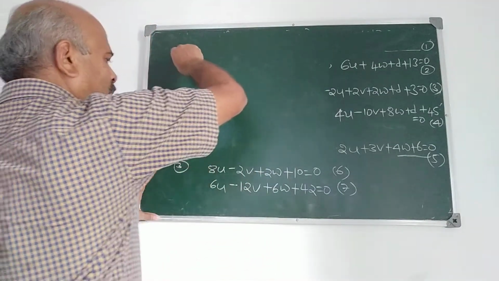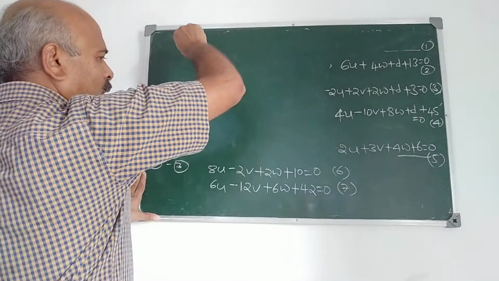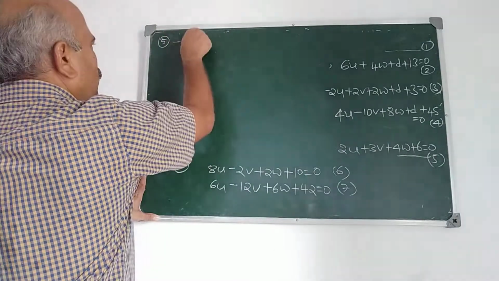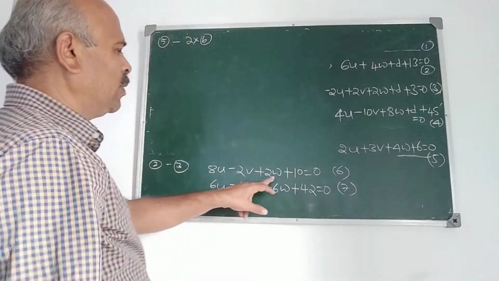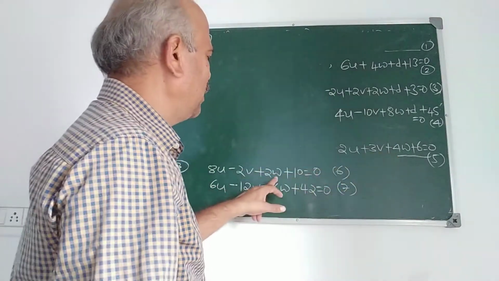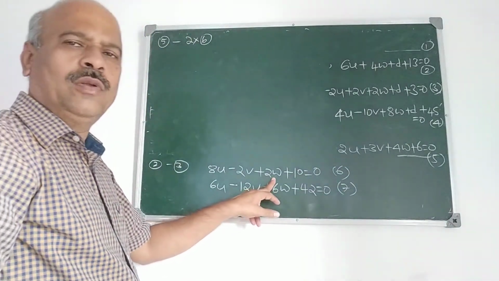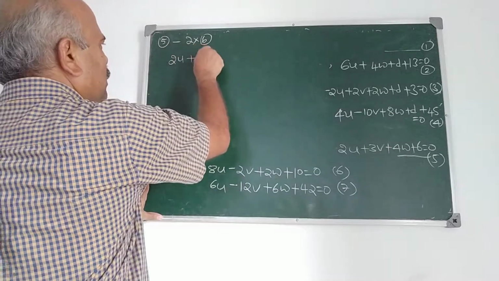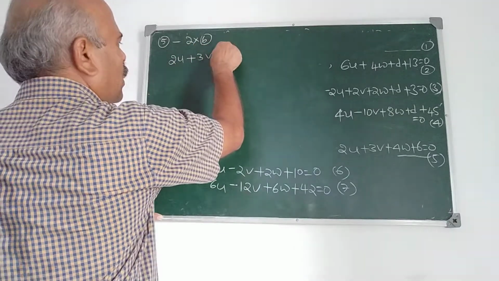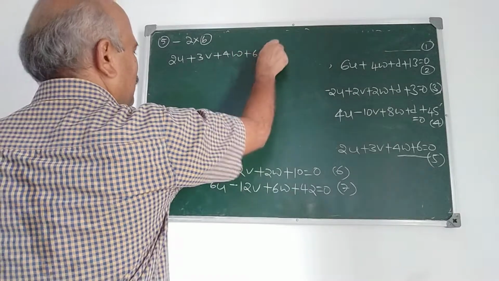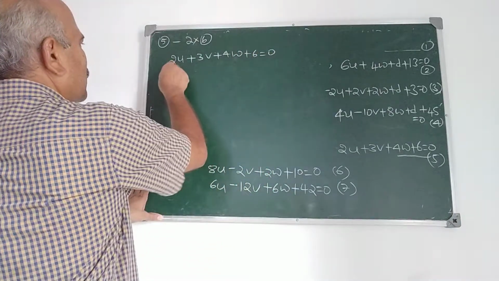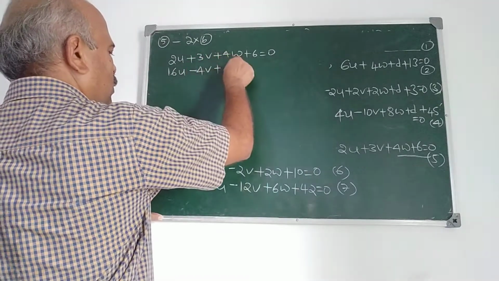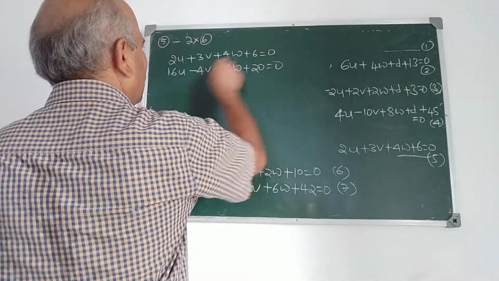We take equation 5 minus 2 into 6, because 4w is there, this also we have to eliminate w, multiply this by 2. 2u plus 3v plus 4w plus 6 is 0. Multiply by 2 here: 16u minus 4v plus 4w plus 20 is equal to 0.